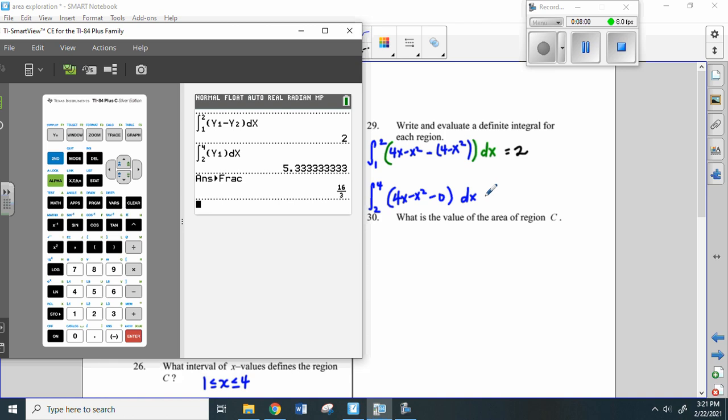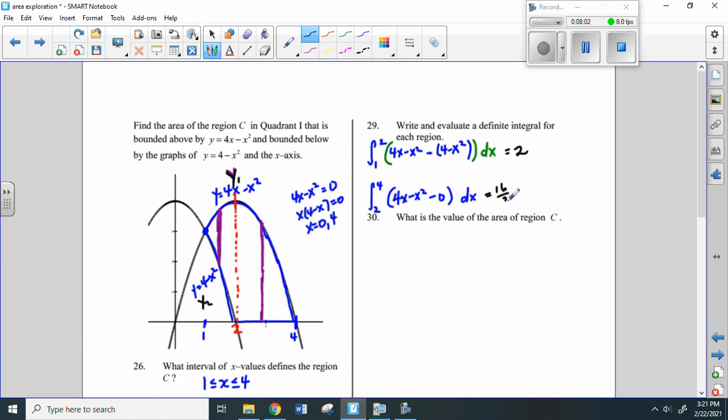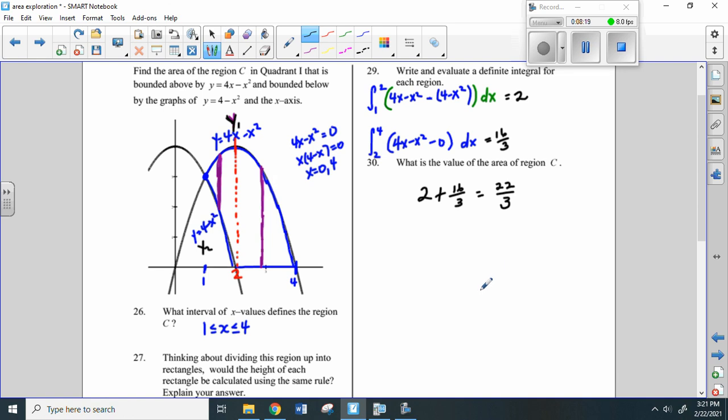All right, so that area is 16/3, and so then what is the value of the area of the entire region? Well, then you have to add those two areas, and that's going to be 22/3.